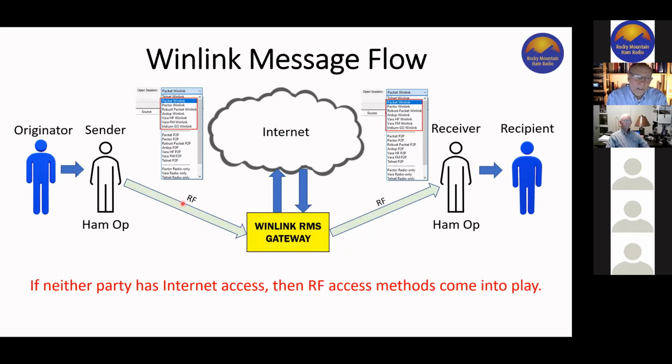It might be a case where these two people cannot communicate directly with one another, but they can both get into the RMS gateway, and it may be the only gateway available to them. So they're both using this gateway to communicate with each other, and the gateway is still going out to the internet and then back again to relay that message to the other person.